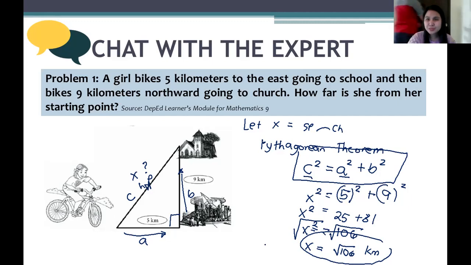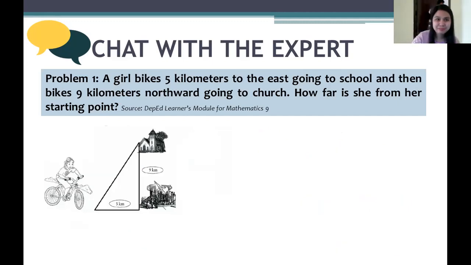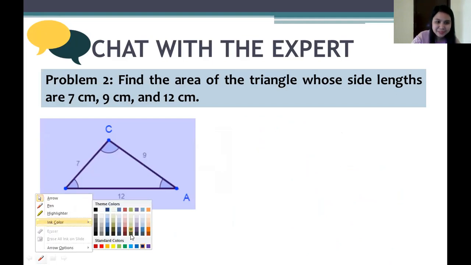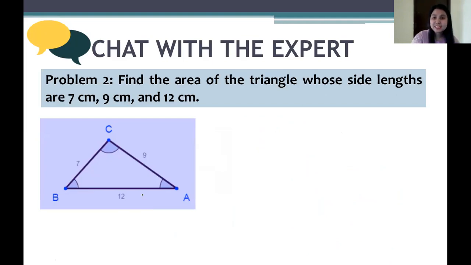Let's go to the next problem. Find the area of a triangle whose lengths are 7 cm, 9 cm, and 12 cm. You might tell me that, ma'am, it's very easy because the triangle is A equals base times height over 2. Yes.